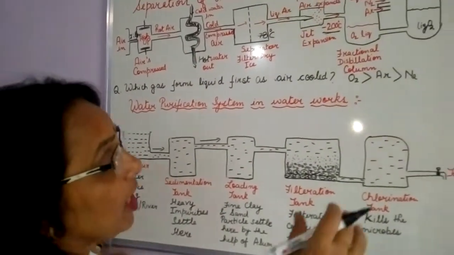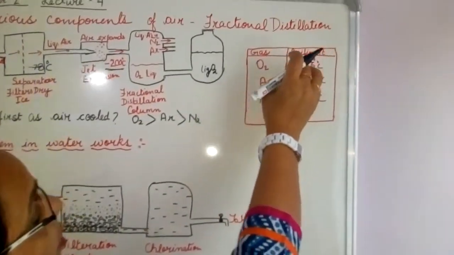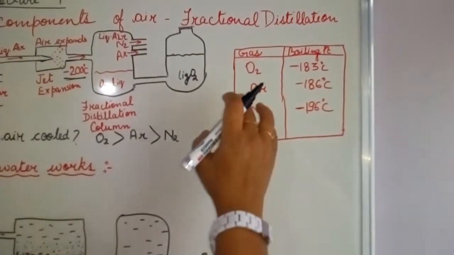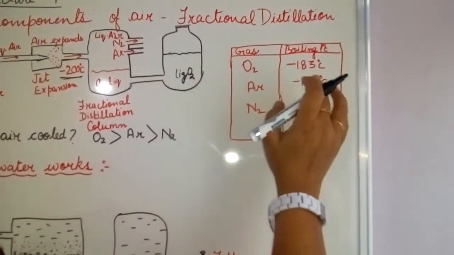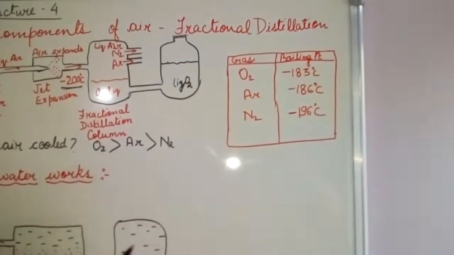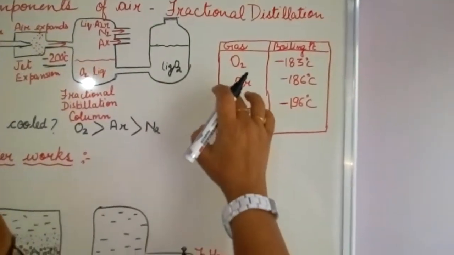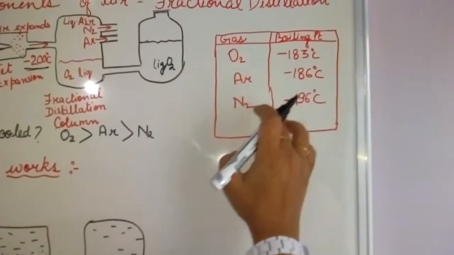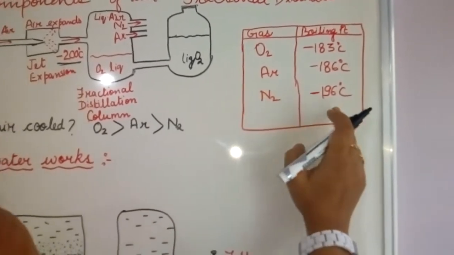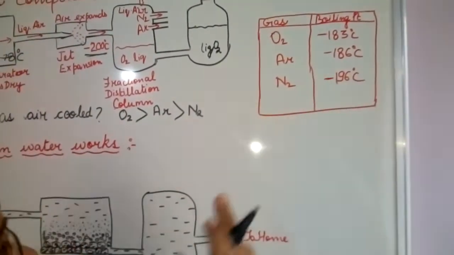Now I have made a column showing the boiling points of the liquid components of air. The boiling point of liquid oxygen is minus 183 degrees Celsius, that of liquid argon is minus 186 degrees Celsius, and that of liquid nitrogen is minus 196 degrees Celsius.